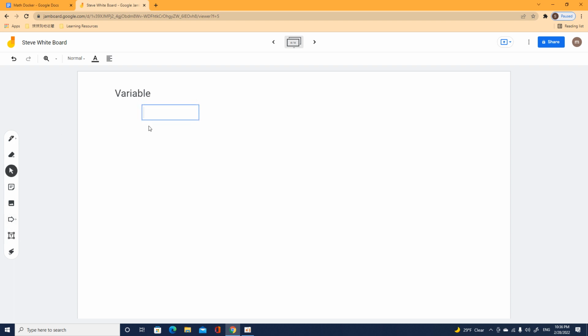For example, it says the population of New York City is such as 20 million.